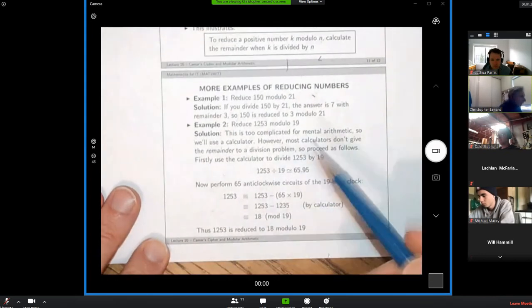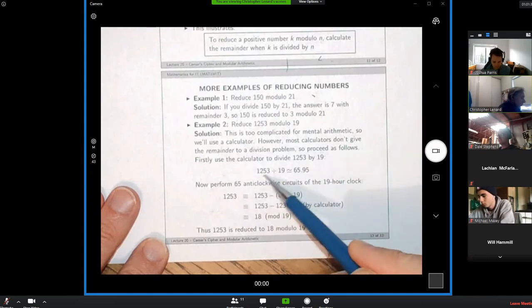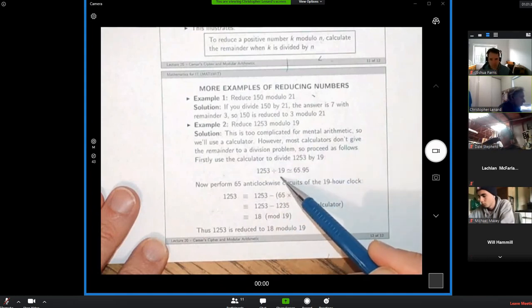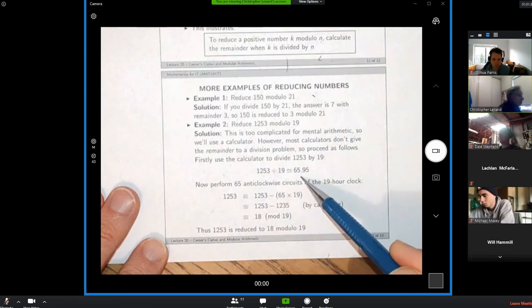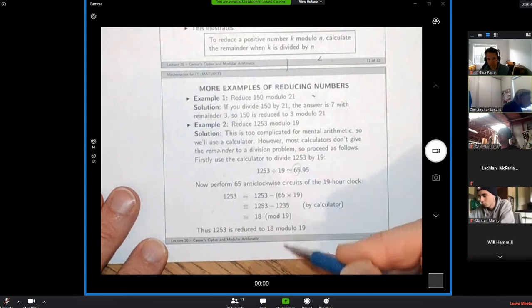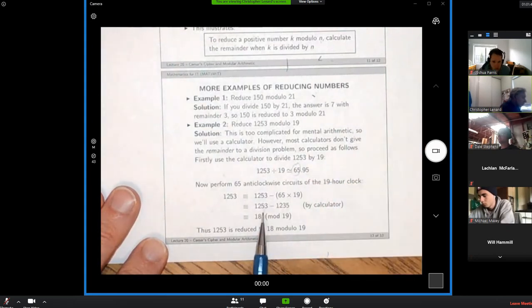Which is exactly what this has done here. 1253 reduced modulo 19. So I divided by 19, I get 65.95. This is the multiple of 19. Don't worry about the 0.95. So 65 times 19 is 1235.